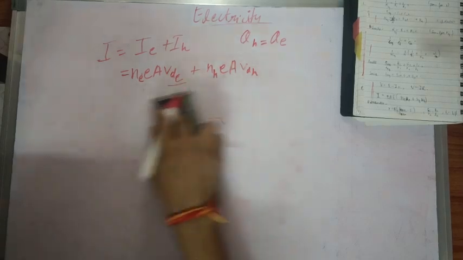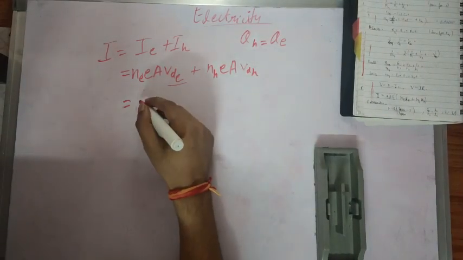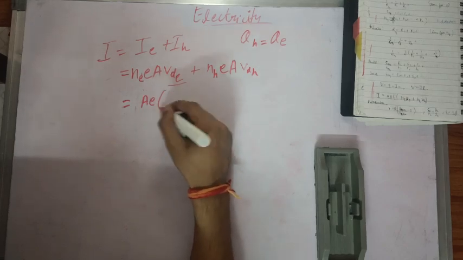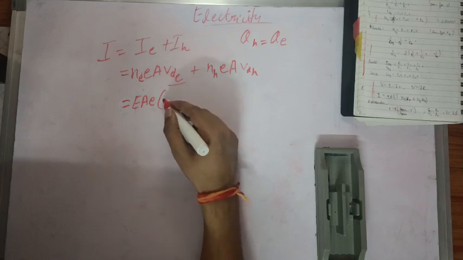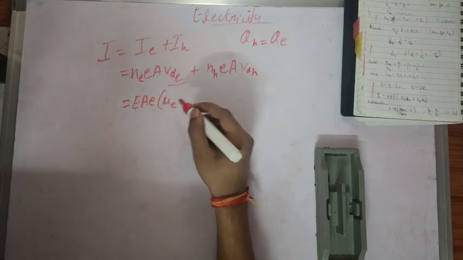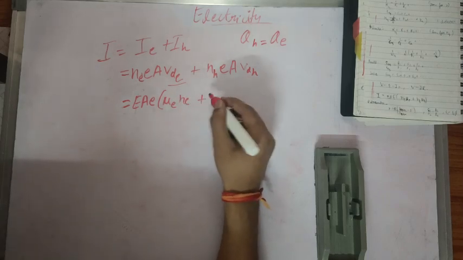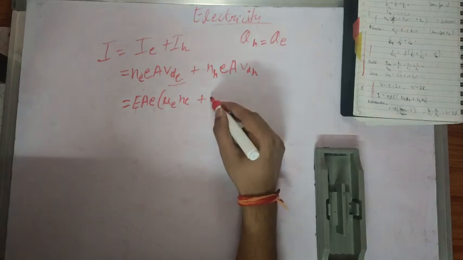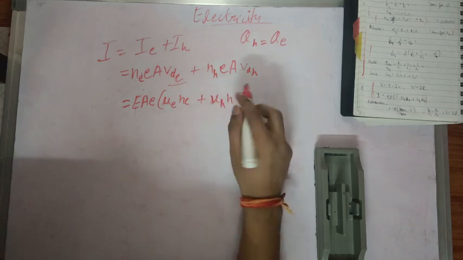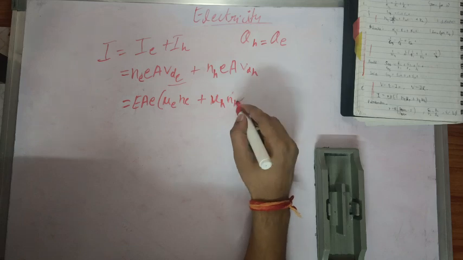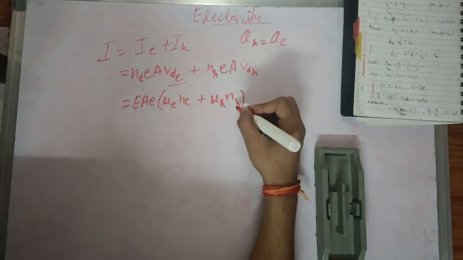Then the current will be given by this, which can be written as A E bracket, Vd can be written as E times mu e, the mobility of electron, times the density of electron, plus the mobility of hole multiplied by the number density of holes.